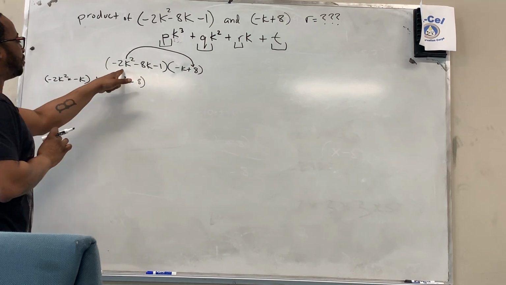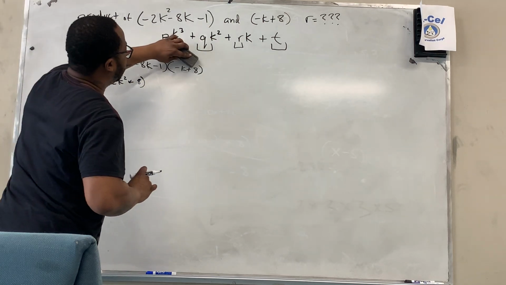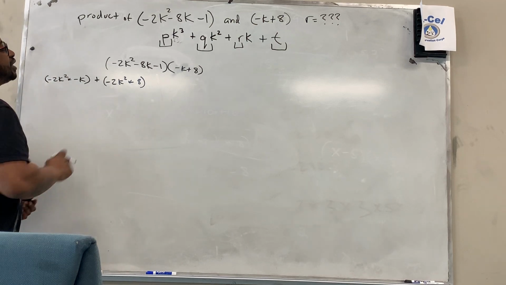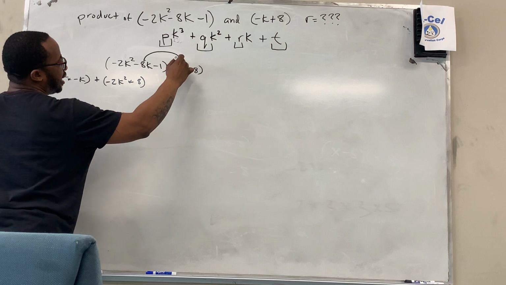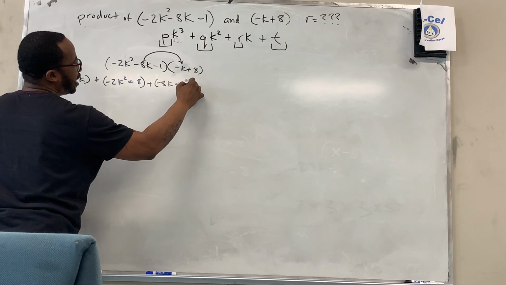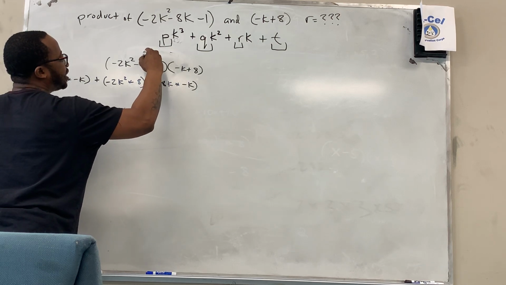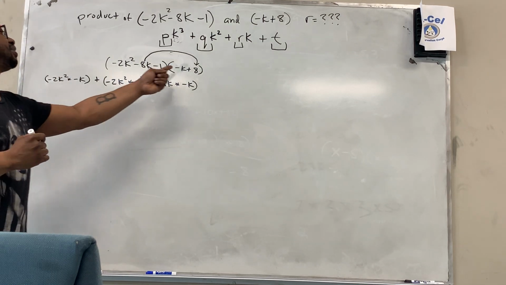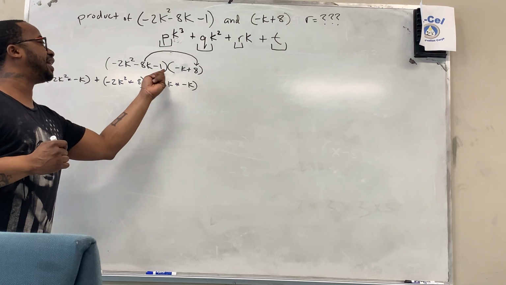Now then the minus 2k squared doesn't touch both of them. So now we're going to move on to the 8k. We've got to do the same thing with the 8k. So minus 8k times minus k. Now it's going to be the minus 8k times the positive 8. You see, it's basically this touching both, and now this number with the sign is touching both, then this last one's going to touch both.